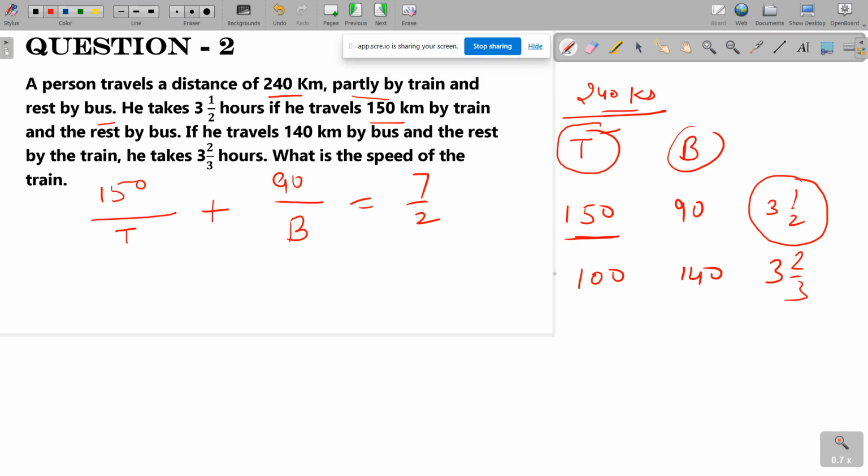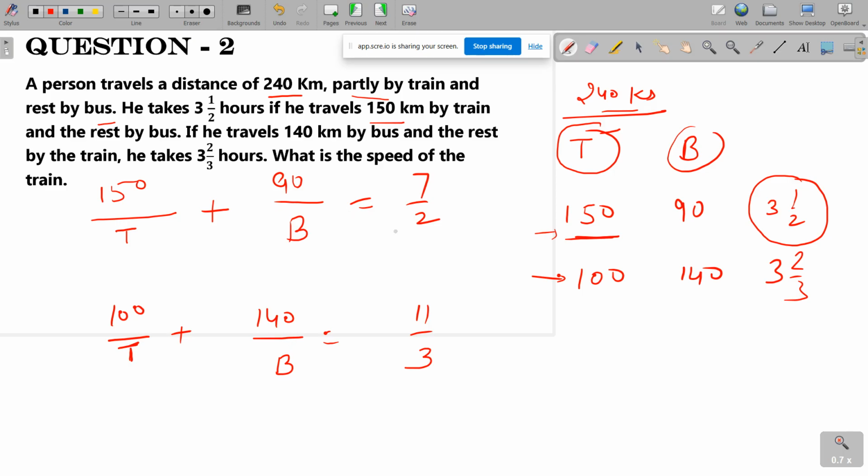What does the second option say? The second equation we will make: 100 upon t plus 140 upon b is equal to 11 upon 3, right? Now we need to calculate t.